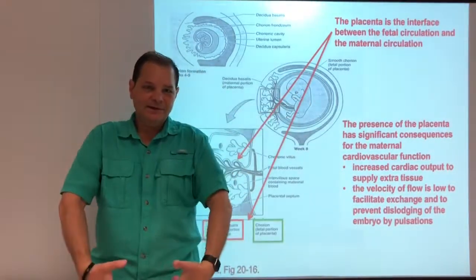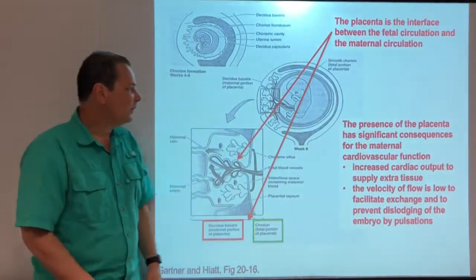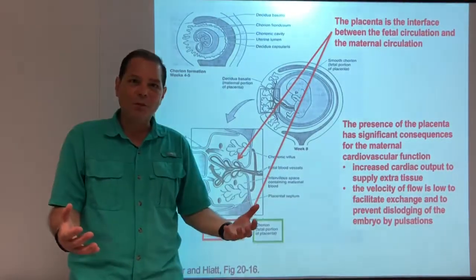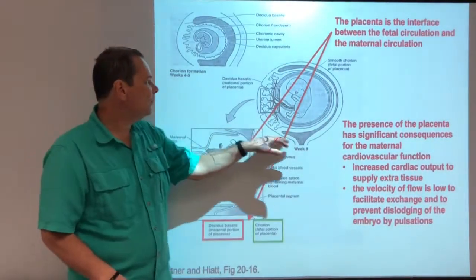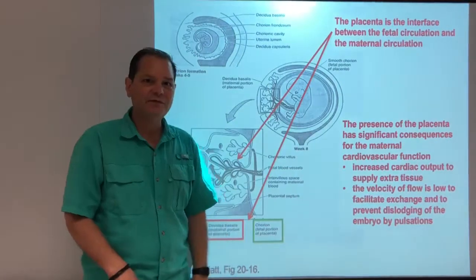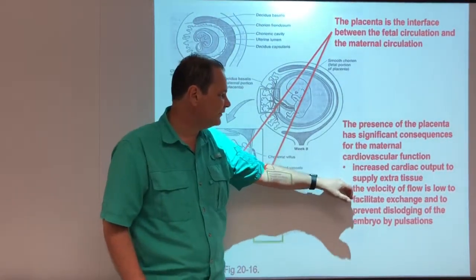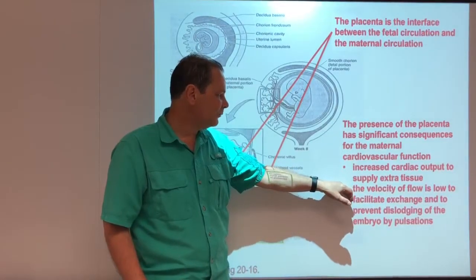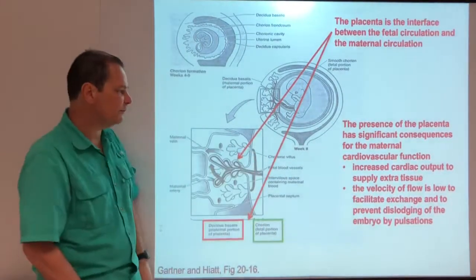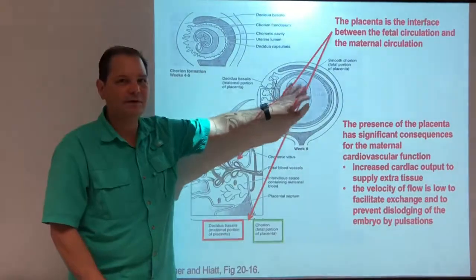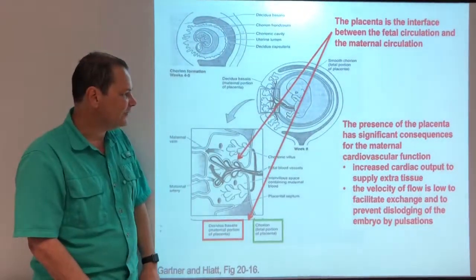This is a lot of mass, right? And so that mass has to be supported through increased circulation. So it will be no surprise to anyone that there's an increased cardiac output during pregnancy to supply this. There's a lot of fluid in here, and that has consequences as well.